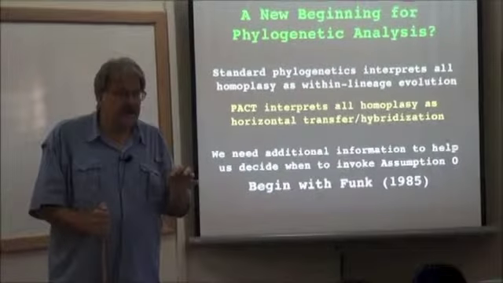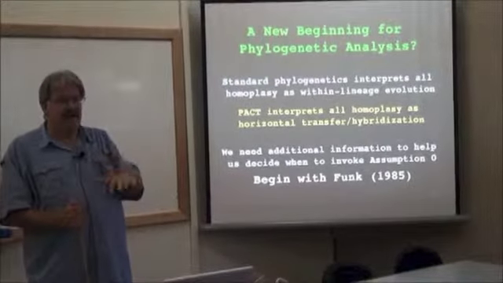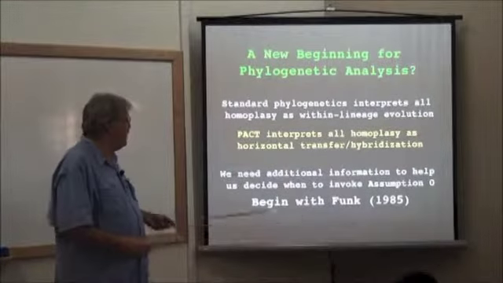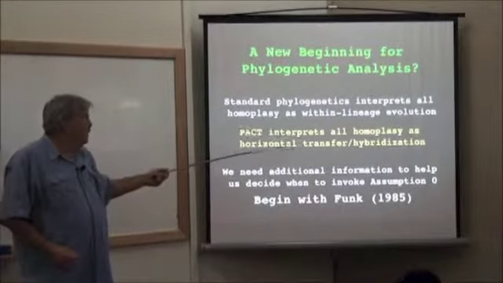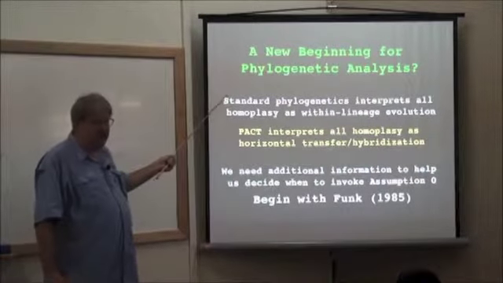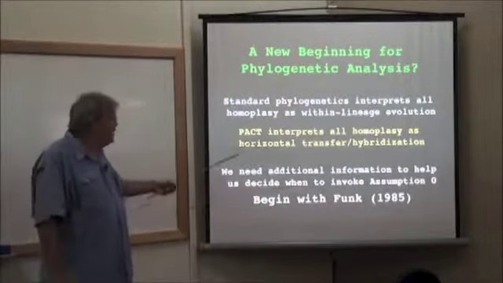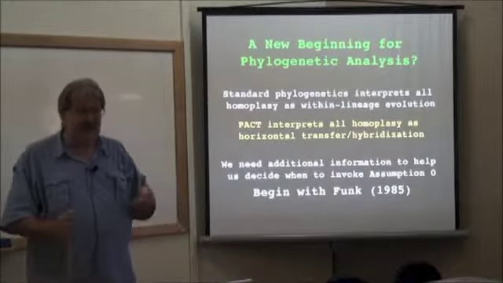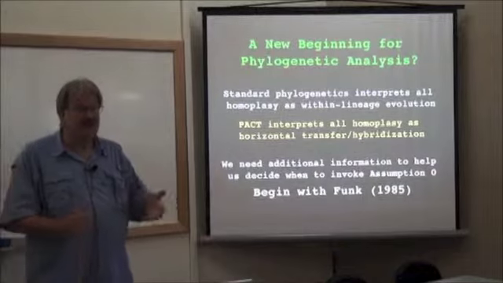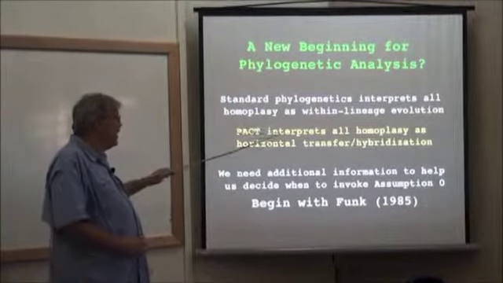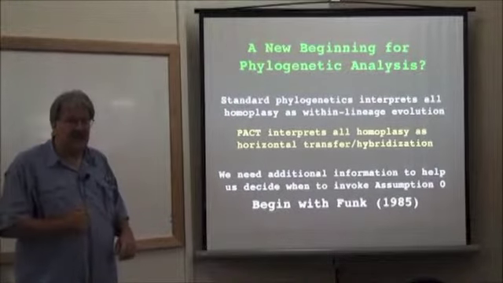If there is any kind of hybridization, hybrid speciation, horizontal exchange of information, then assumption zero is more fundamental than parsimony. But it's not 100% true. It's just operationally, descriptively more fundamental. But it's not necessarily true, and it's undoubtedly wrong in some cases.